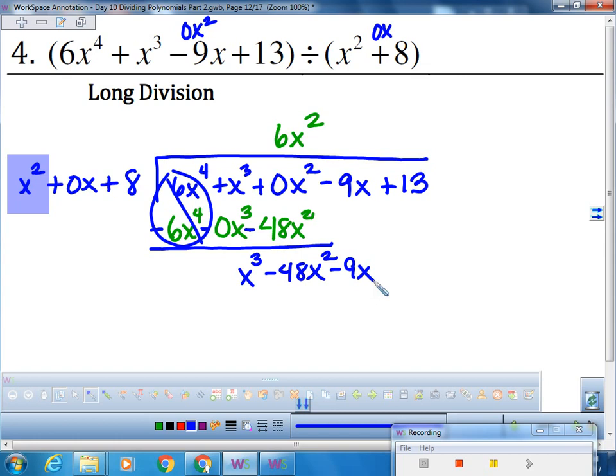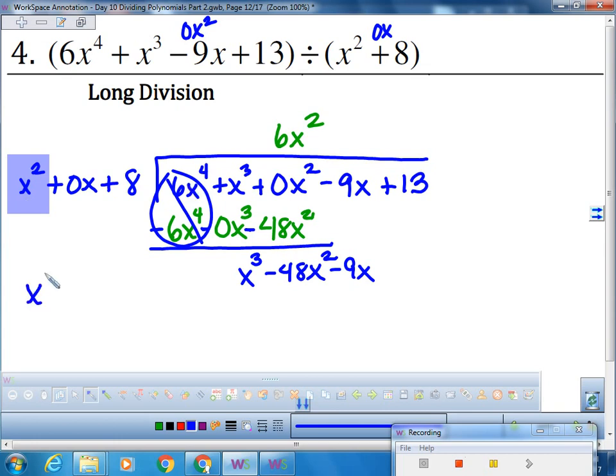Try the next line, and I'll do it, and then you can see how I did it. You have to ask yourself, this times this has to make this. So what number do I have to multiply by?